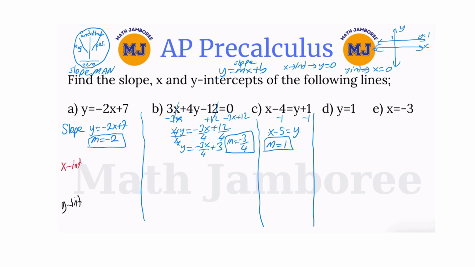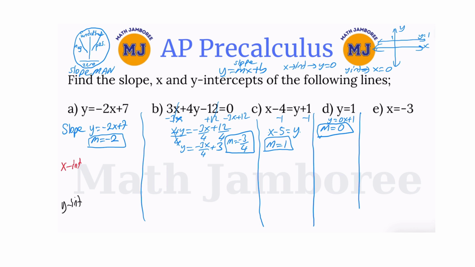And the slope of y equals 1 is then, according to slope man, since this is a horizontal line, equal to 0. You can also think of it this way, y equals 0x plus 1. The number in front of the x is the slope, remember? So you can just solve it this way.